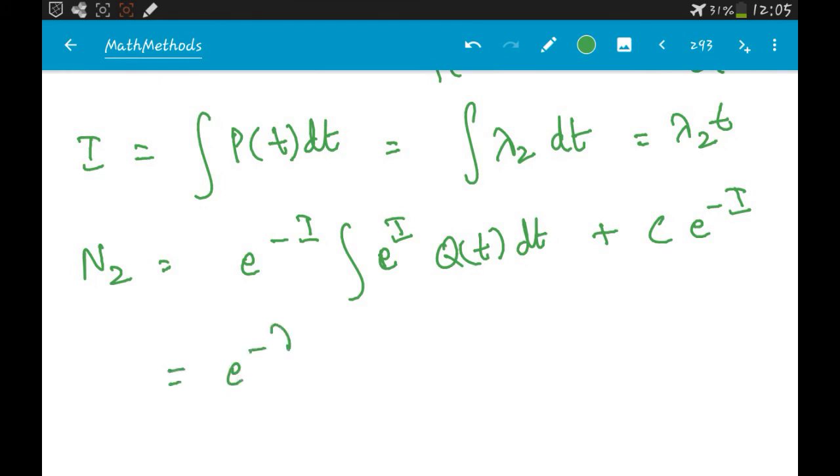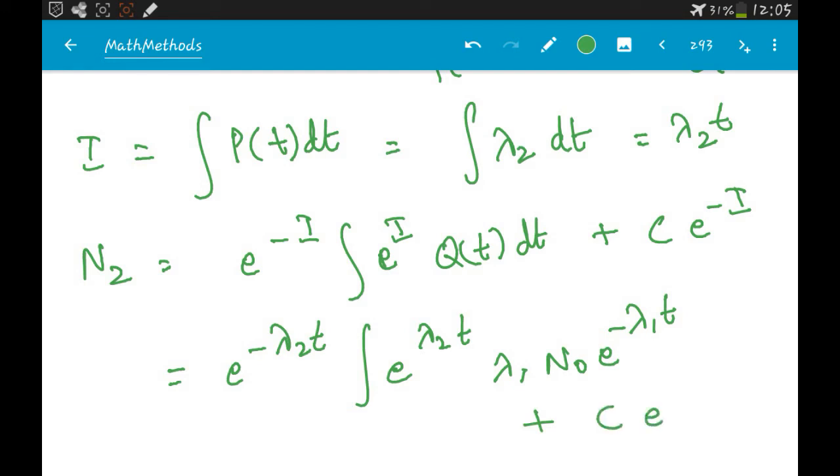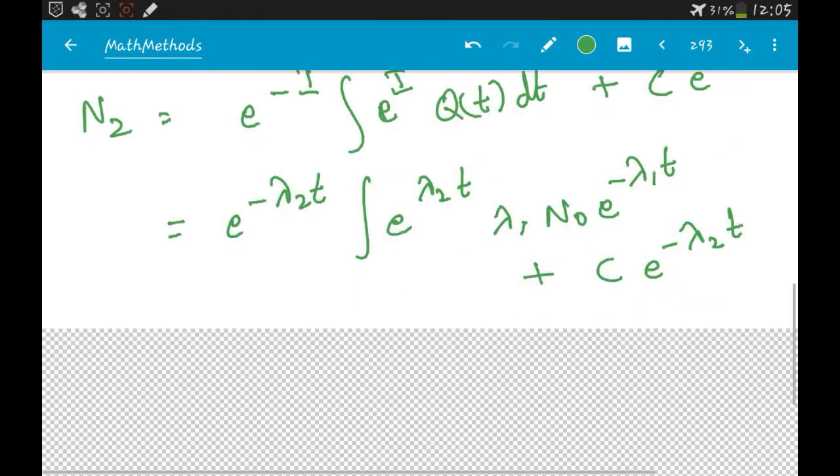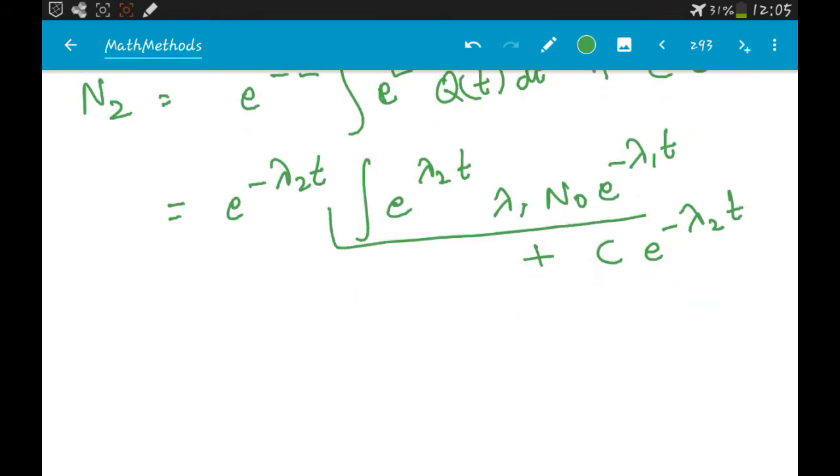So we have e power minus lambda 2 t, the integral of e power lambda 2 t, lambda 1 N naught e power minus lambda 1 t, plus c e power minus lambda 2 t. All we have to do is compute this integral dt.